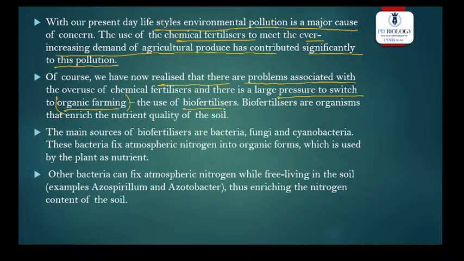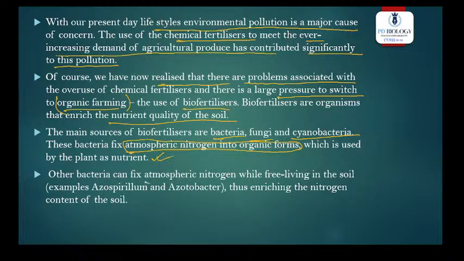The use of biofertilizers. Biofertilizers are organisms that enrich the nutrient quality of the soil. The main sources of biofertilizers are bacteria, fungi and cyanobacteria, and these bacteria fix atmospheric nitrogen into organic forms, which are used by the plant as nutrient.